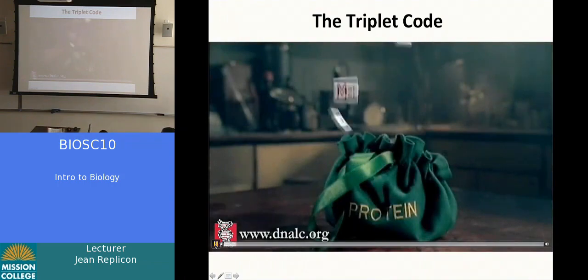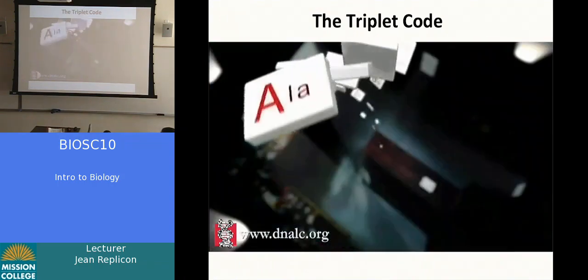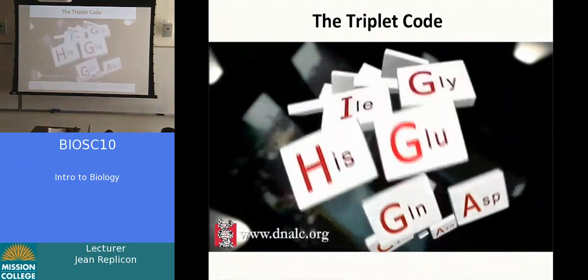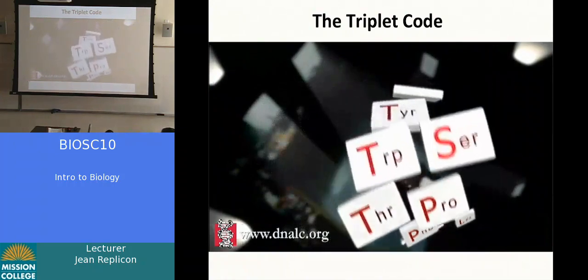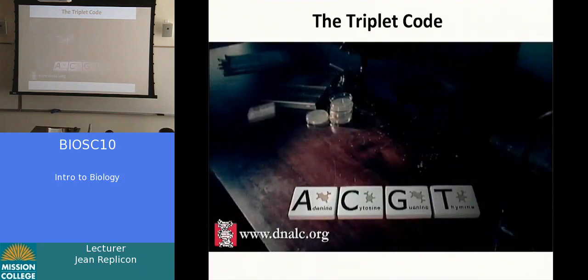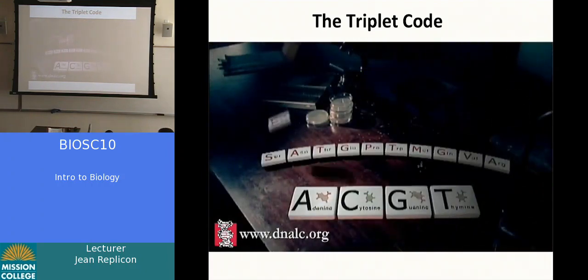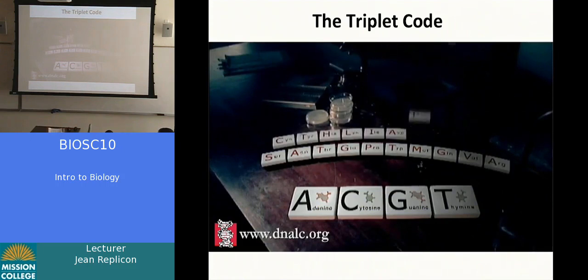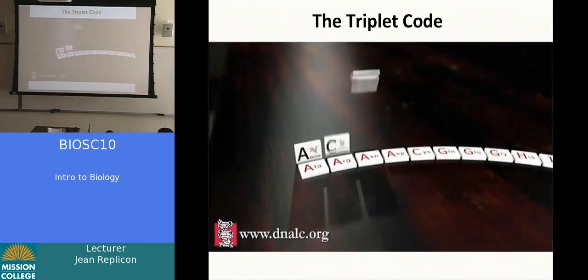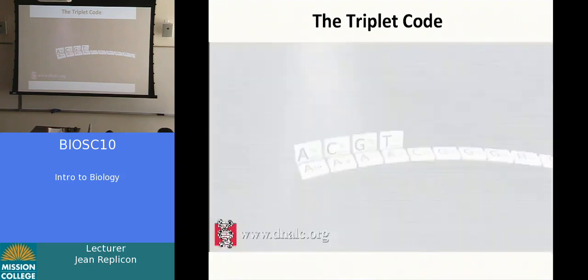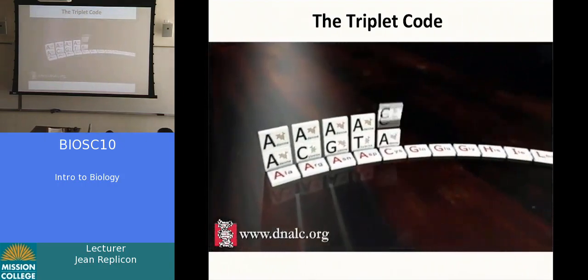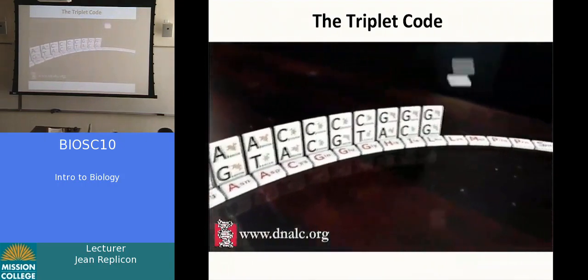Once the DNA double helix had been discovered, the next big challenge was to work out how the 4 letters of DNA could code for each of the 20 amino acids that make protein. The first question was, how many DNA letters coded for each amino acid? If it was 1 DNA letter for 1 amino acid, then you could only code for a maximum of 4 amino acids. 2 letters in every possible combination could code for up to 16 amino acids.